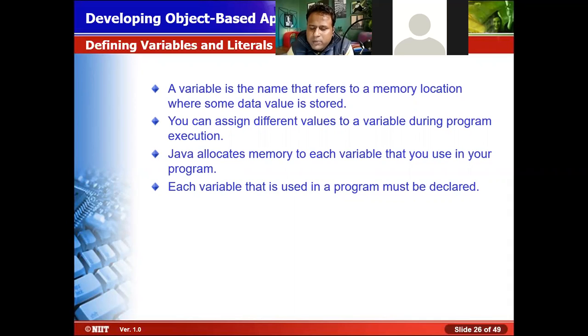Java allocates memory to each variable that you use in a program. Each variable that is used in a program must be declared first, and the variable value always changes.